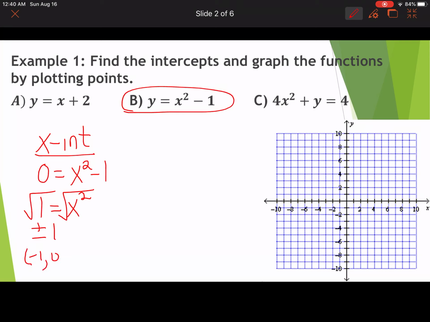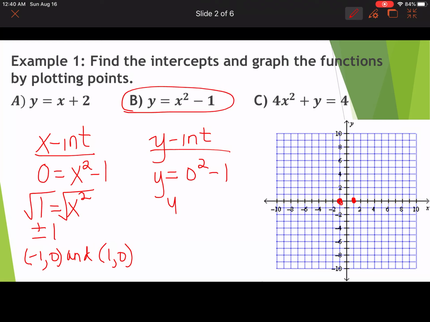So now let's look at question B, which is a parabola. Let's start off by finding our x-intercepts, which means that y is equal to 0. So I'm going to add 1 to both sides. And here's the thing that is often forgotten.